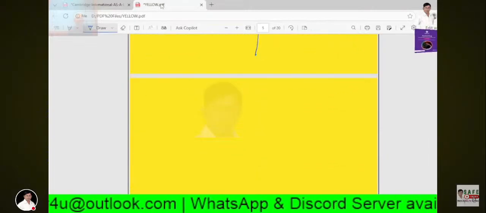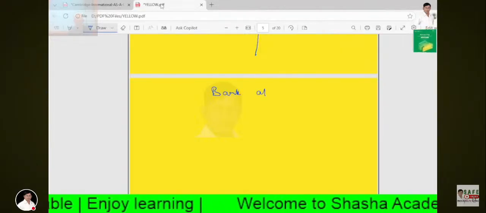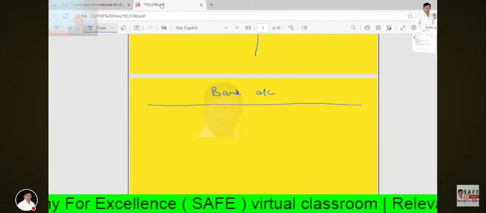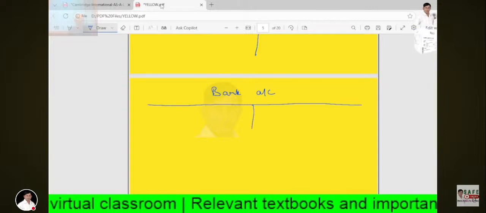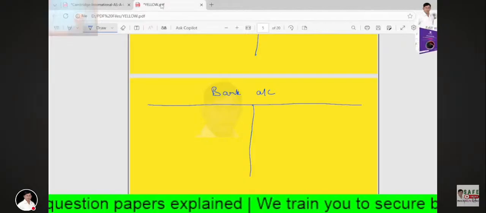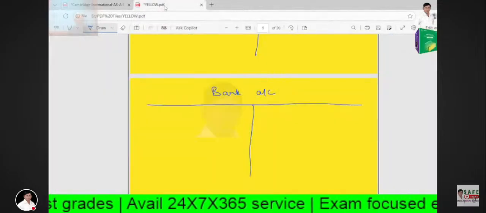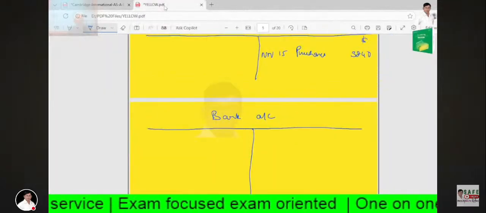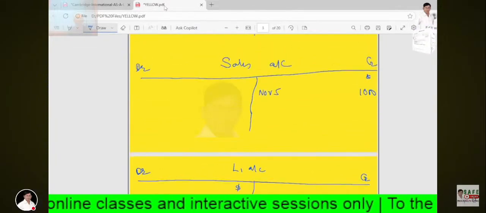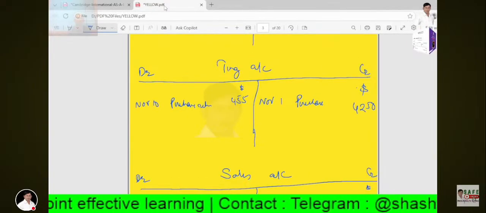So bank account. Assume that all entries are made in bank, or you can write cash account also. So we have to pay Tinge and V. How much do we have to pay Tinge?